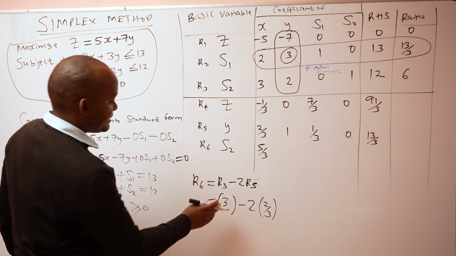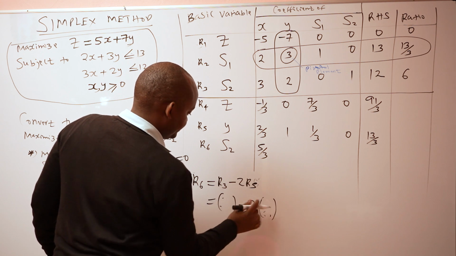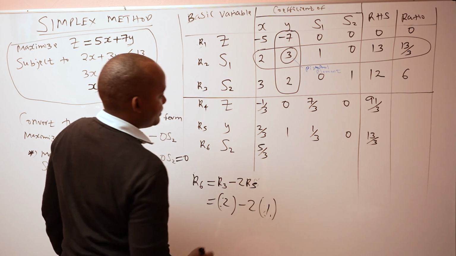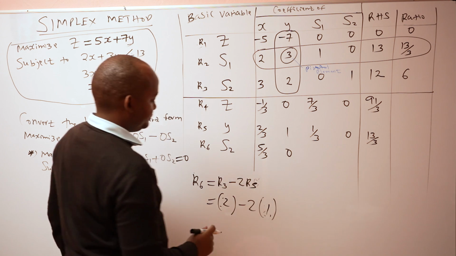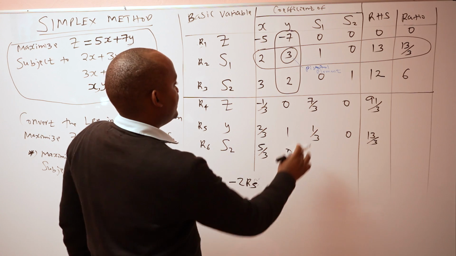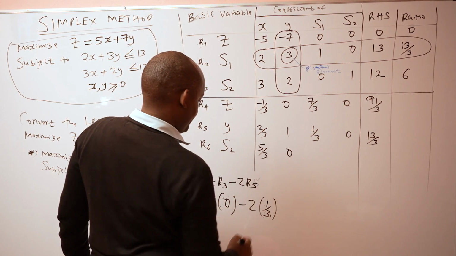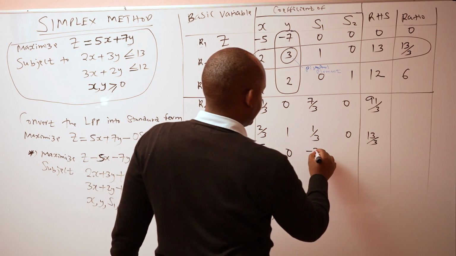The next one, you pick 2 and 1, which is going to give us 0. The next one, you pick 0 and a third, which is going to give us negative 2 over 3.